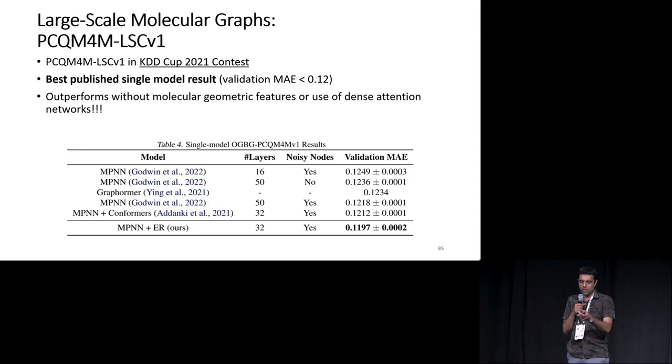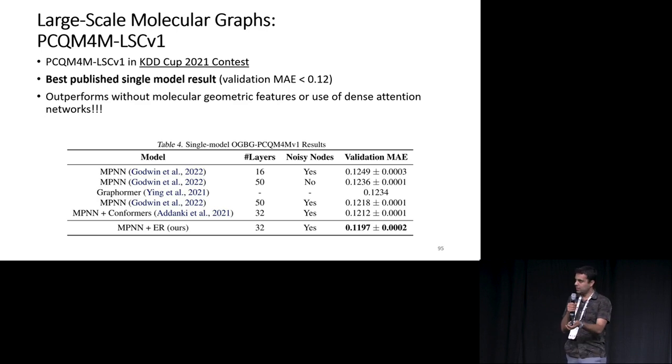And one interesting result is that using this kind of approach, we were able to improve the state of the art on this large-scale molecular data set. And it's interesting because a lot of the other approaches that were tried before made use of very domain-specific information, things like molecular coordinates and very molecule-specific features.